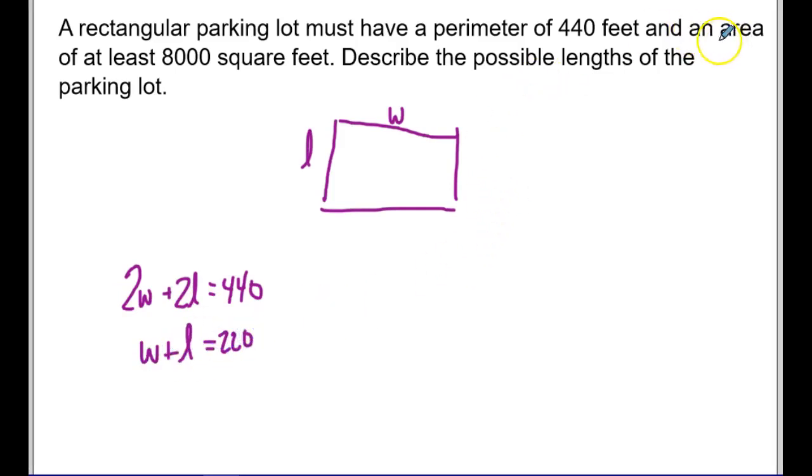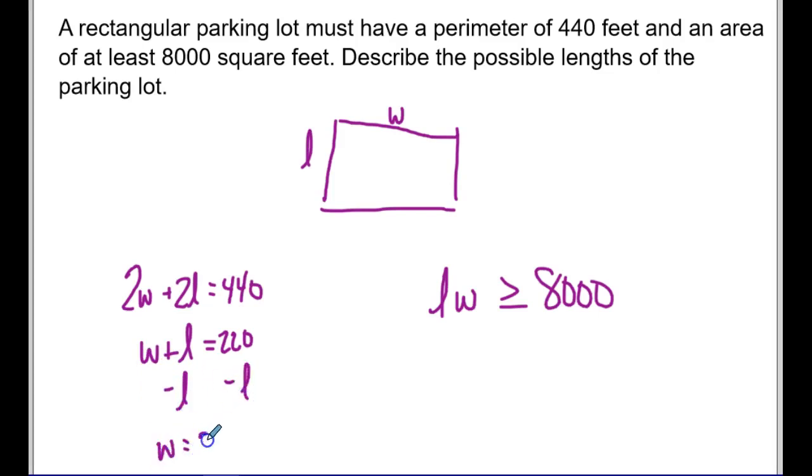And then I know that I have to have an area of at least 8,000 square feet. Well, to find the area, I have length times width, but it has to be at least, so greater than or equal to 8,000. Now I see I have a simple system of equations, right? I have two equations. So let's solve for my W over here. To do that, I subtract L from both sides.